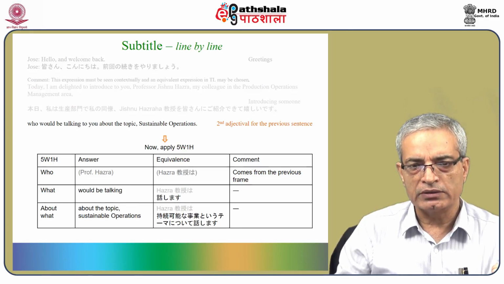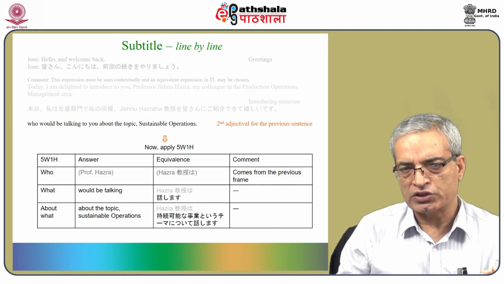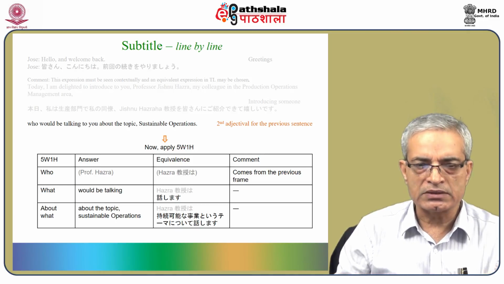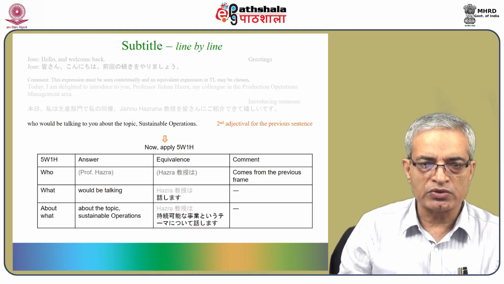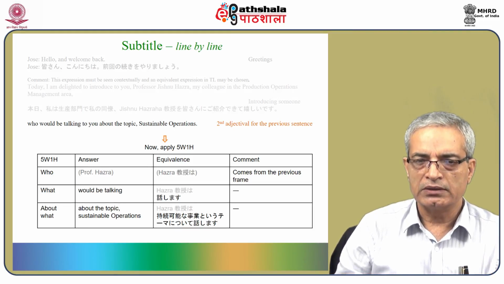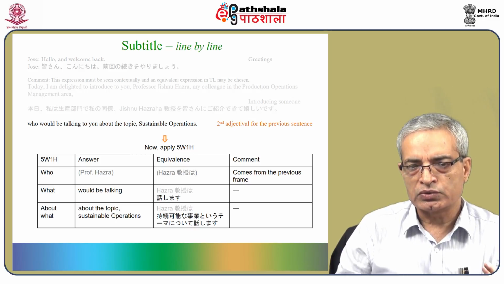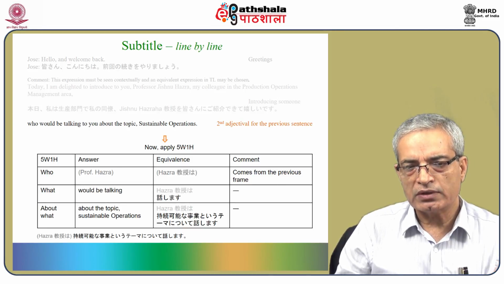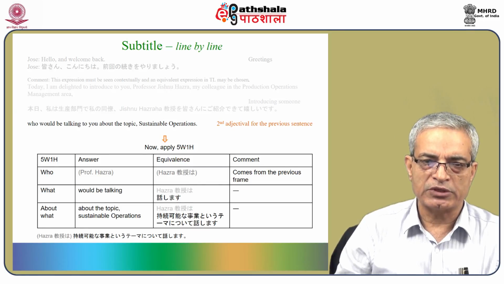Who would be talking? So Hanashimasu would be talking about what? About the topic, and that topic is sustainable operations. You can break it into two also, but if you understand them, about the topic sustainable operation. So jizoku kano na jigyo toyu tema ni suite. So Hazara Kyoju wa jizoku kano na jigyo toyu tema ni suite hanashimasu.